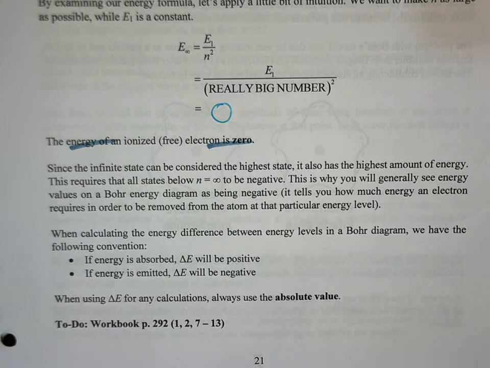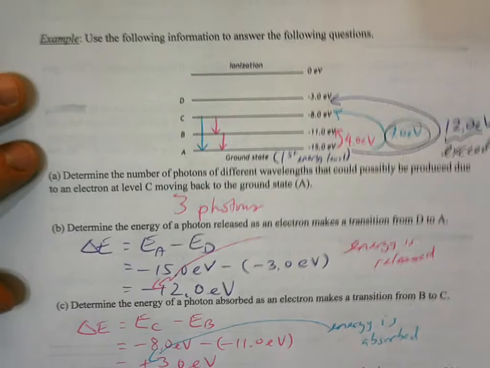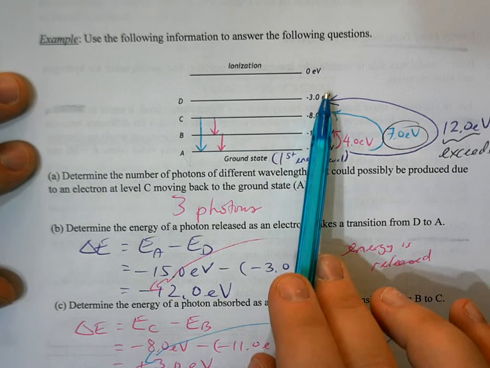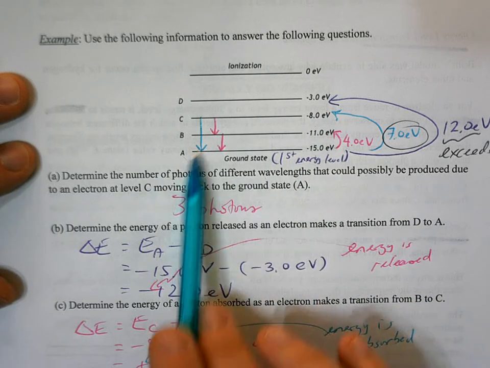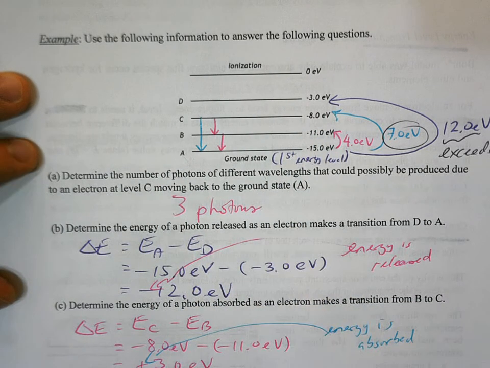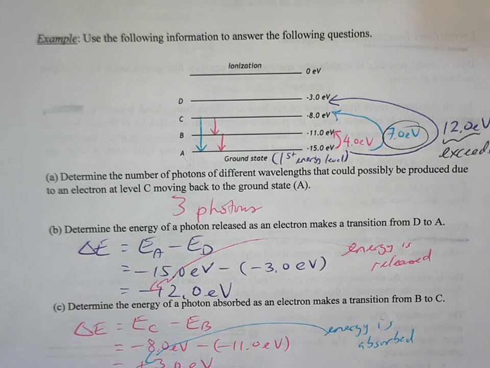This is why on your energy level diagram, at ionization we have 0 electron volts. This is why all the energy associated with different energy states have a negative in front of them. Because if 0 is the maximum amount of energy, to have smaller energies below the ionization state, we have to go into the negatives.